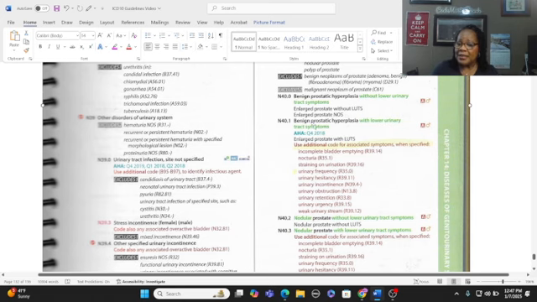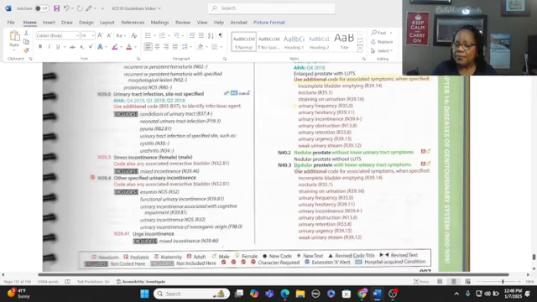So when you're coding this benign prostatic hyperplasia with lower urinary tract symptoms, and the patient is having urinary frequency, or straining on urination, or nocturia, or even urinary hesitancy, urinary incontinence, urinary obstruction, urinary retention, urinary urgency, or weak urinary stream, it's telling you to use the additional code for these symptoms with this code, N40.1.